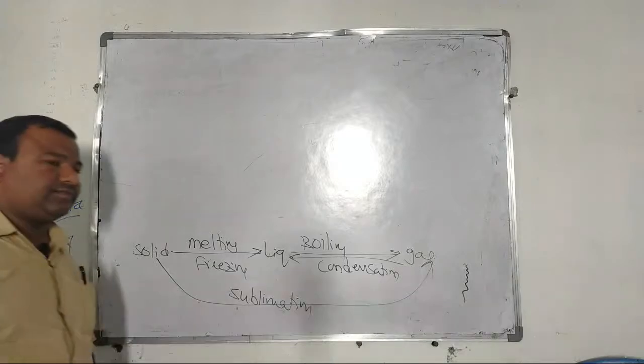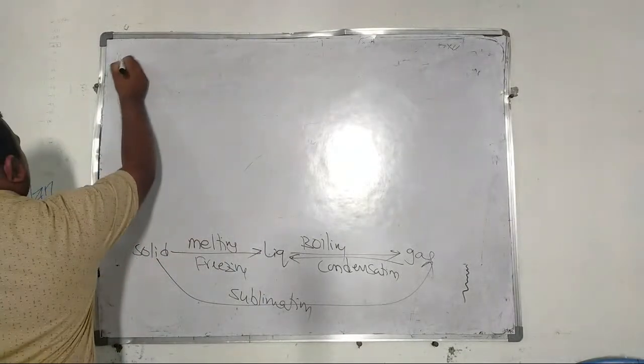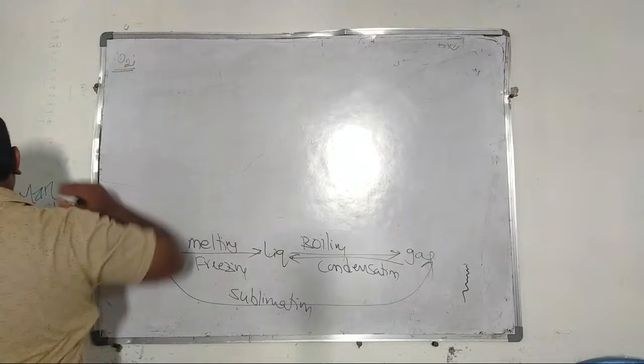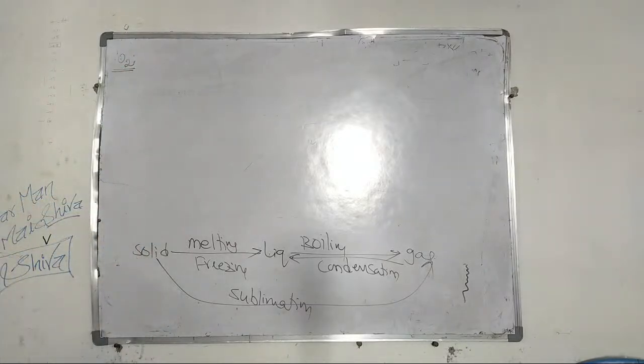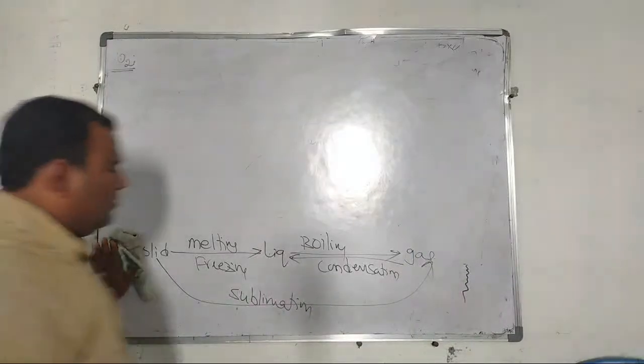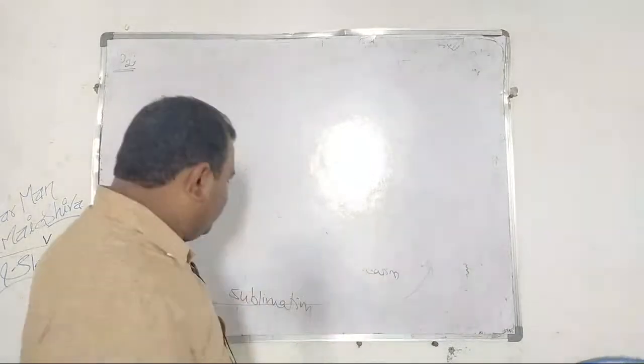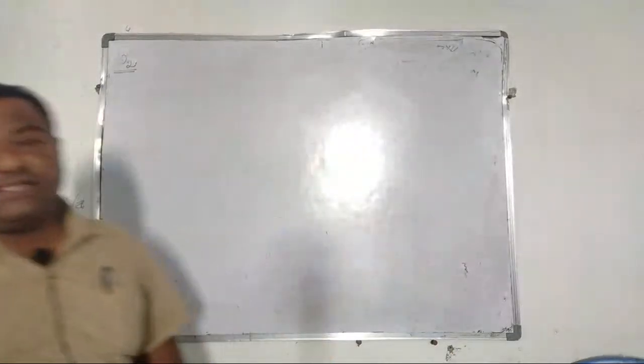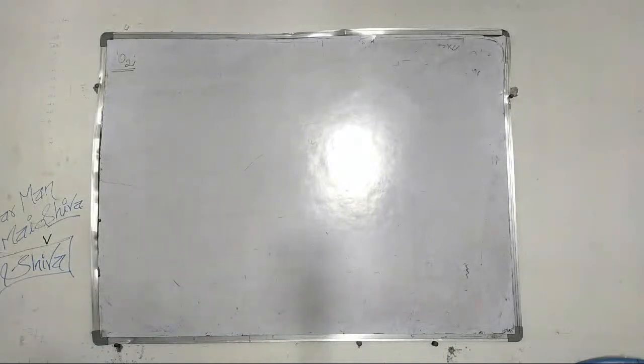Then dry ice, I will explain. Dry ice, in brackets you write solid CO2. Dry ice means solid CO2. Solid CO2 is called dry ice.